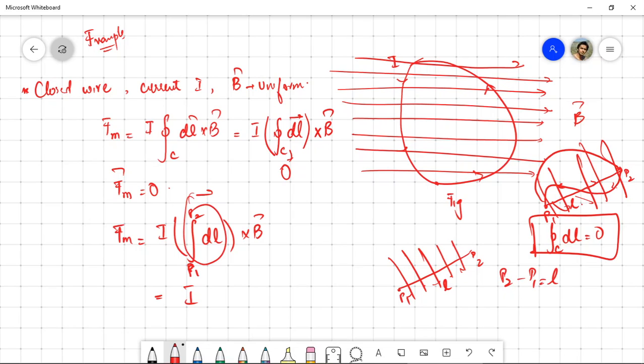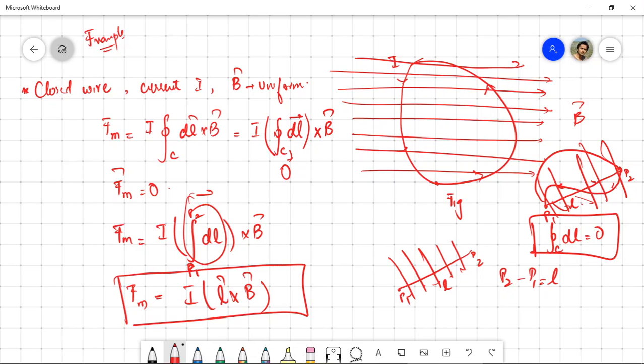So this integral will solve out and it will be equal to I l cross B. This is the value of Fm if your current is going from point p1 to point p2.